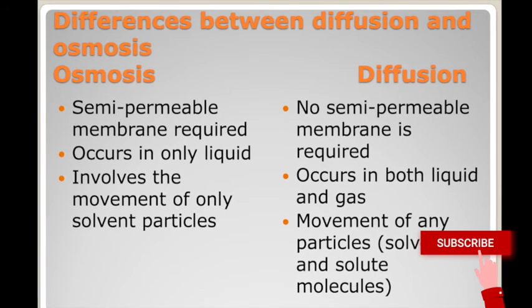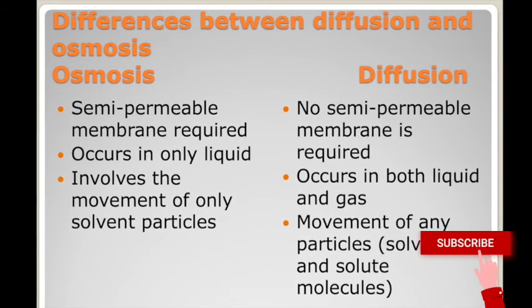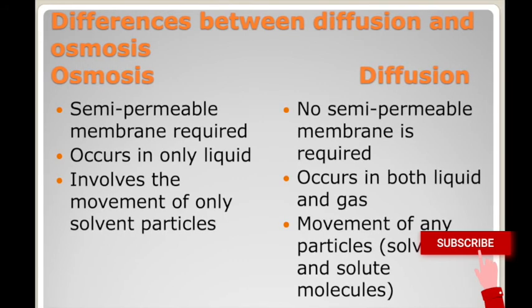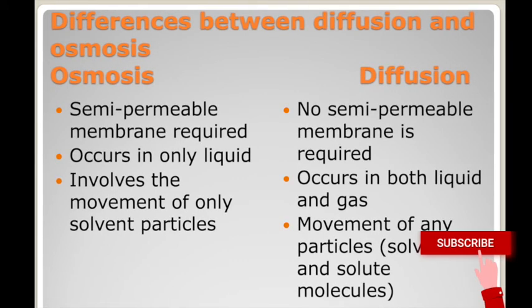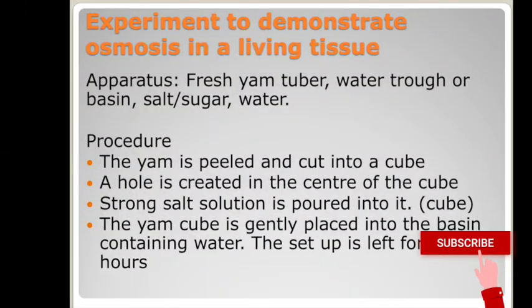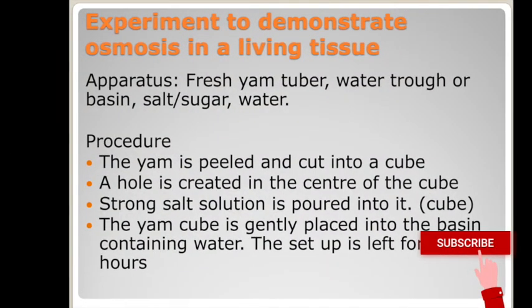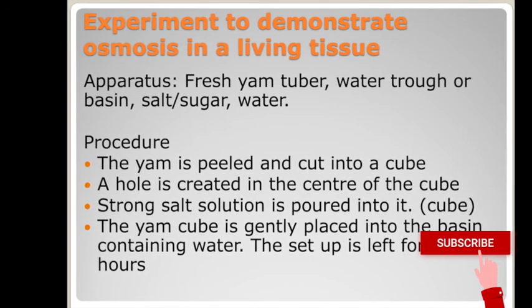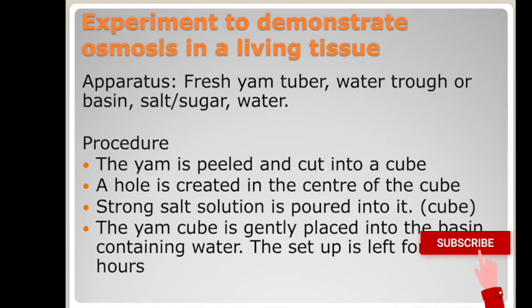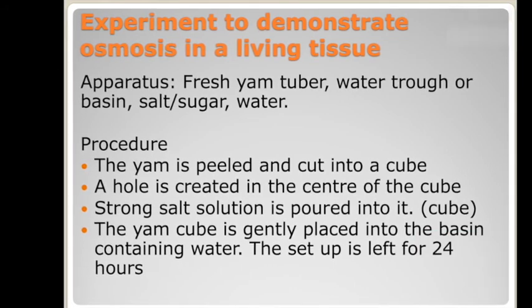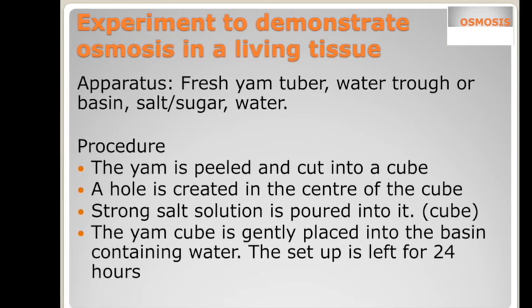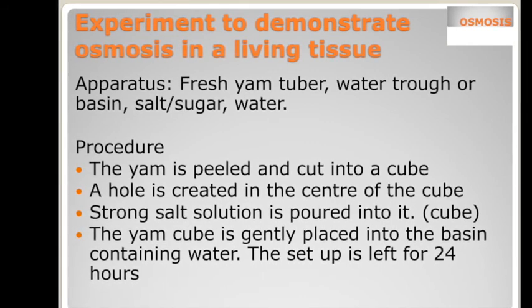How do we then demonstrate the process of osmosis in a living tissue? We have made examples of materials that can be used as a semi-permeable membrane, and we made mention of the yam. So here, in an experiment to demonstrate osmosis in a living tissue, we are going to look at apparatus like yam, water trough or basin, salt, sugar, water.